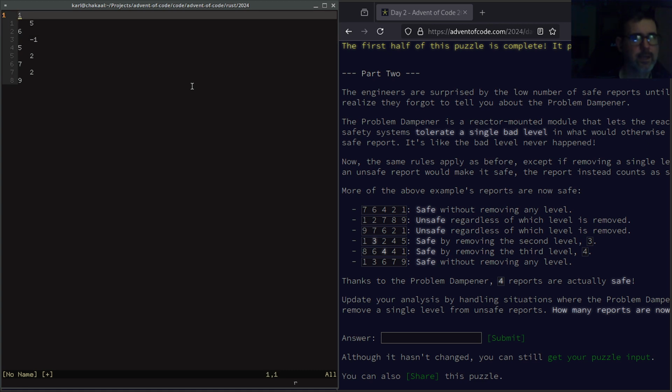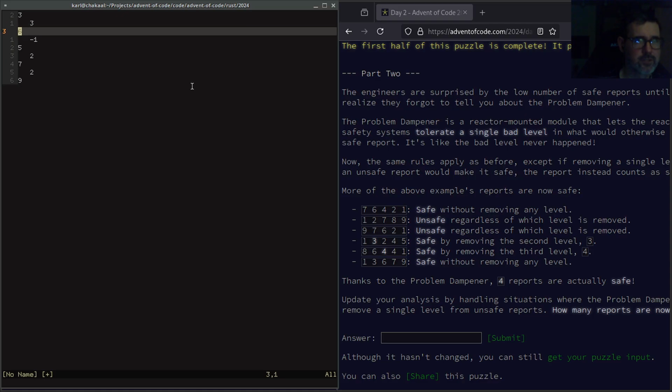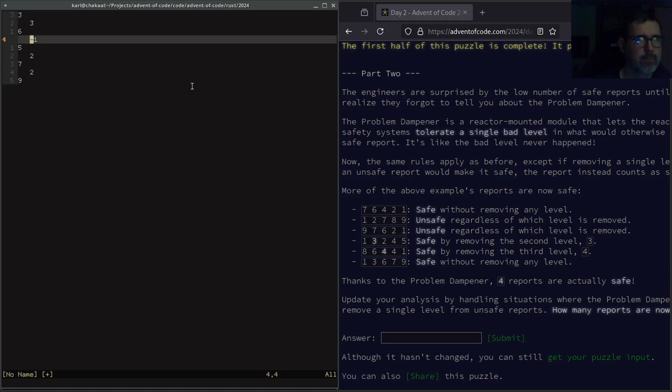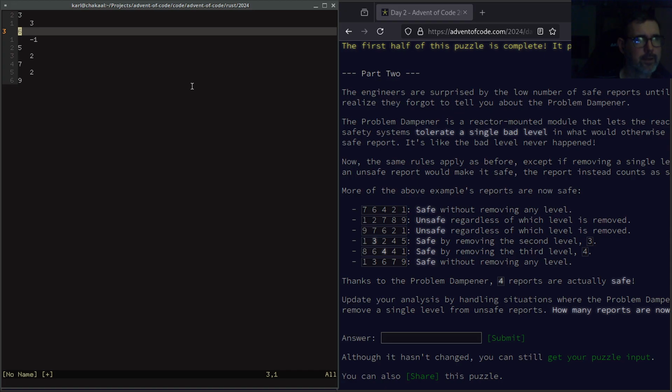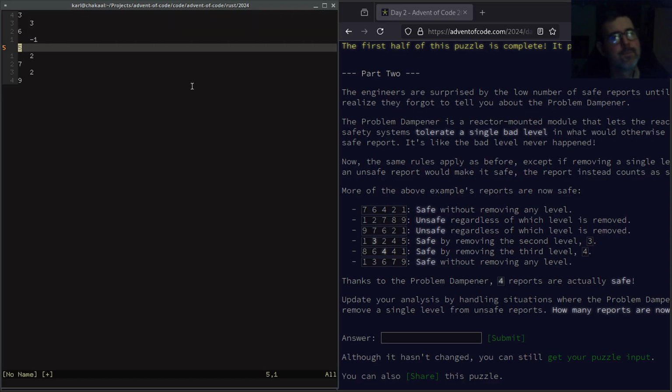But let's say this was like 3. So this magnitude is 3, which is good, but then this one is -1, which is bad. But again, if we take this out, then this is 2. The difference between 3 and 5 here is 2, and we're all good.